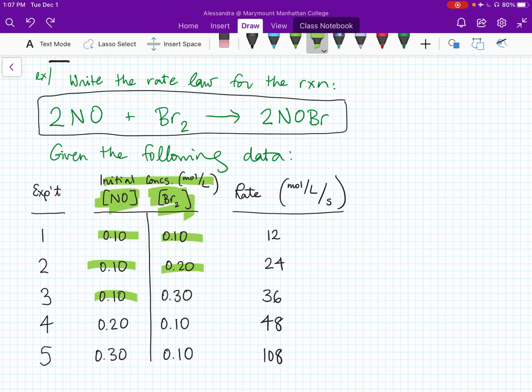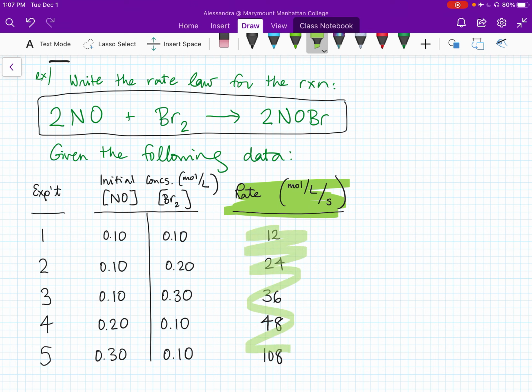When you have two reactants, you want to hold the concentration of one of them constant while you vary the other one and vice versa so that you can tease out the dependence of the rate on the concentrations of the various reactants. Then, for each of these scenarios, the rate of the reaction in moles per liter per second was measured. So these are the data for each of the experiments that was done with the varying concentrations of the reactants.